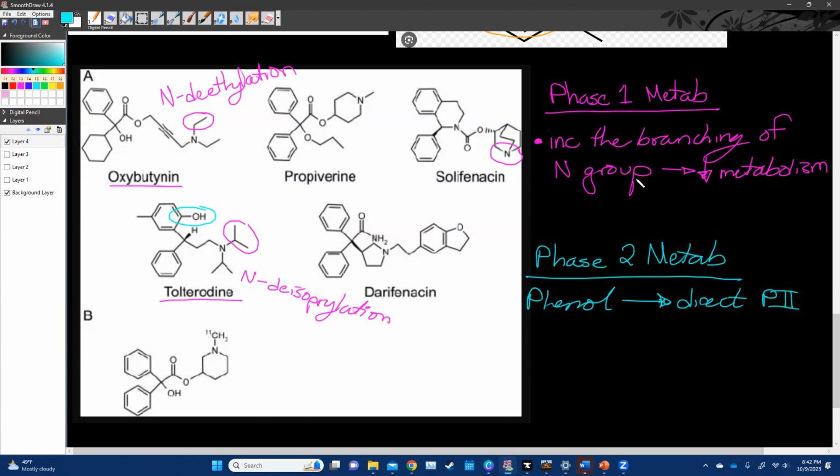So if you were to make a modification of tolterodine, what would be one thing that you would remove from tolterodine? Yeah, remove the OH, right? And by doing that, we end up with propiverine. So propiverine is, I believe, made after tolterodine, and it was a way to try to make it more resistant.